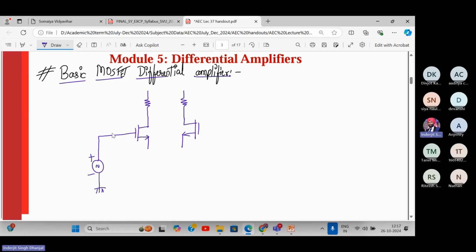Along with the input, we can also show its source resistance, but right now for simplicity, we can avoid it. So here is my second input. I'm calling the inputs V1 and V2. Remember, V1 and V2 are my AC inputs.